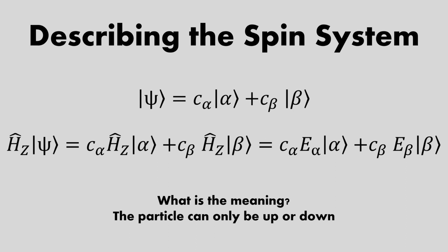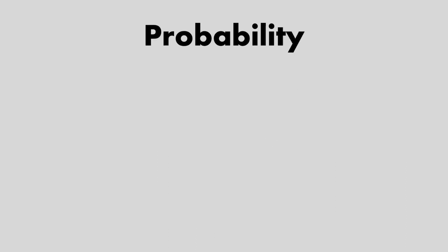This is our first level of abstraction. The coefficients are related to the probability to find our particle in such stationary state. Specifically, the probability is the coefficient times its complex conjugate. Since we are using real numbers, we can just use the coefficient squared.